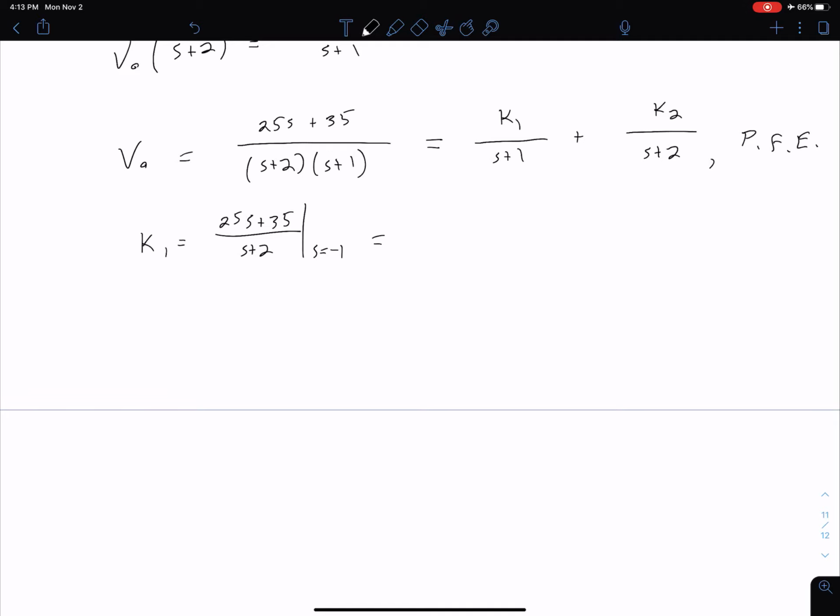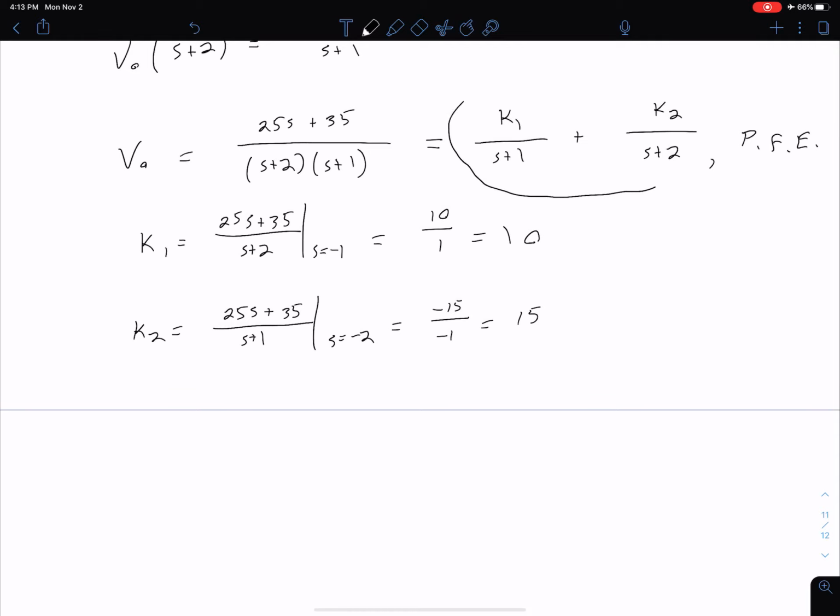Plugging in -1, this is just 10 over 1, which is equal to 10. For k2, we have 25s plus 35 divided by s plus 1, evaluated at s equals -2. Plugging in, we get -15 divided by -1, which is just 15.